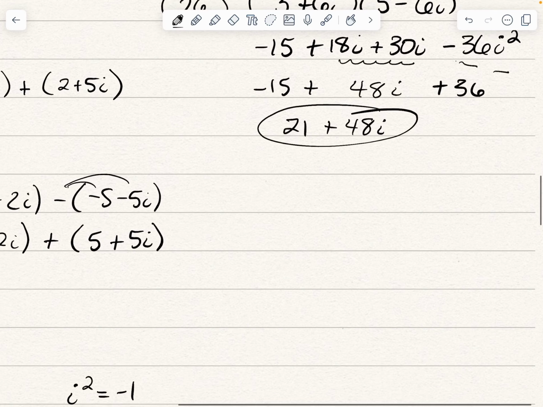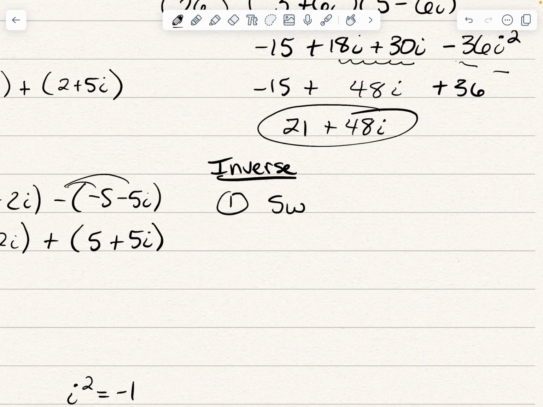Okay, moving on to number 1 for the inverses. For the inverse, all we have to do is swap the x and y values. Okay? All we have to do is swap our x and y values. So, for this, I'm swapping the x and the y.